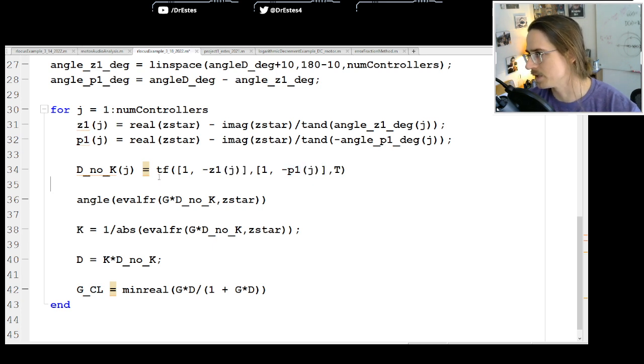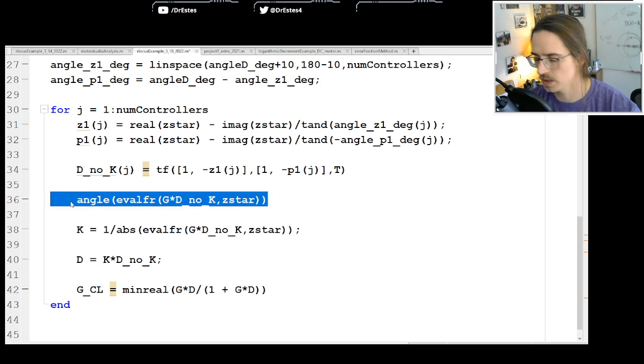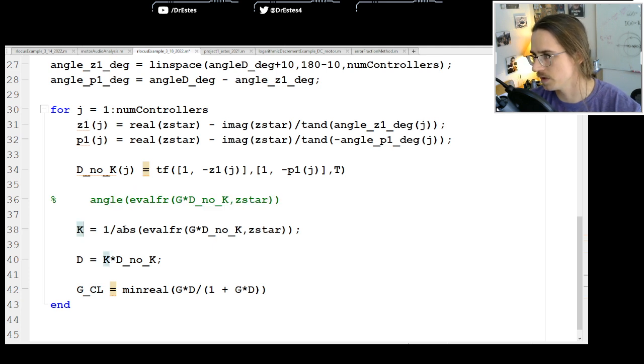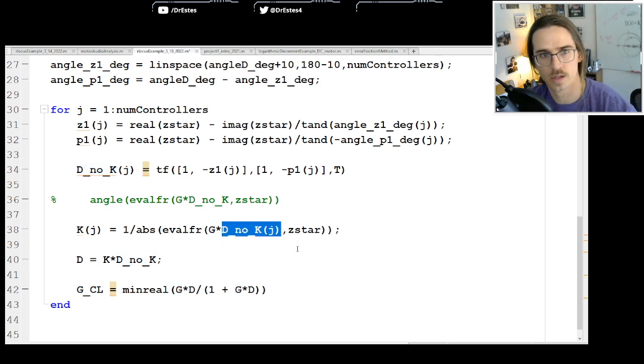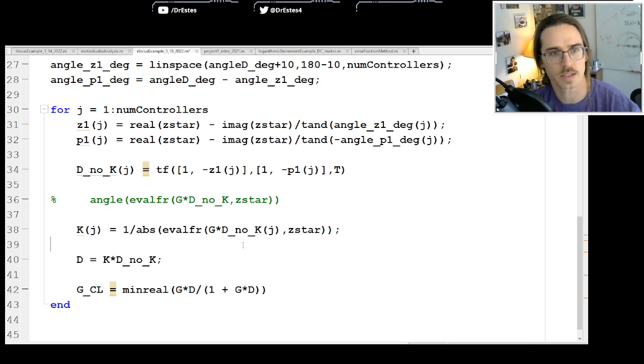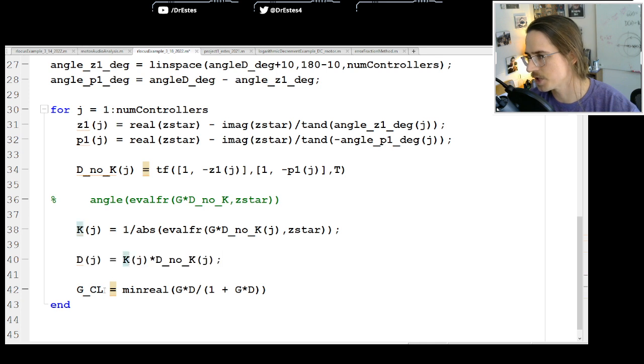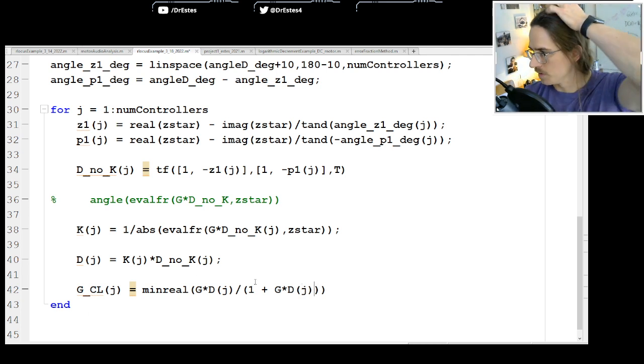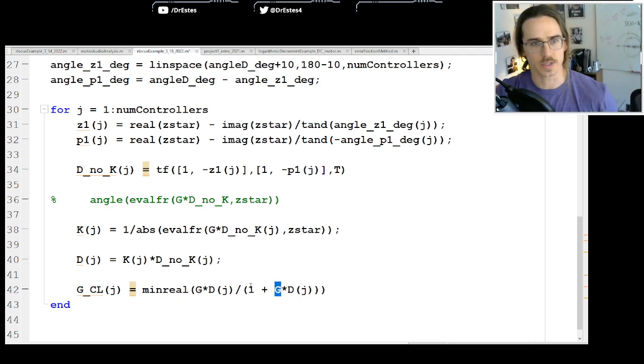We have to add indices to a bunch of these. This was just checking the angle. We don't really need to do that in here. We need to calculate the gain. We have to make sure it's with respect to the jth controller here. So I put that index. Then we have our jth controller. So basically, you need to add an index to anything that's changing with this loop. G doesn't need an index because the plant is always the same.